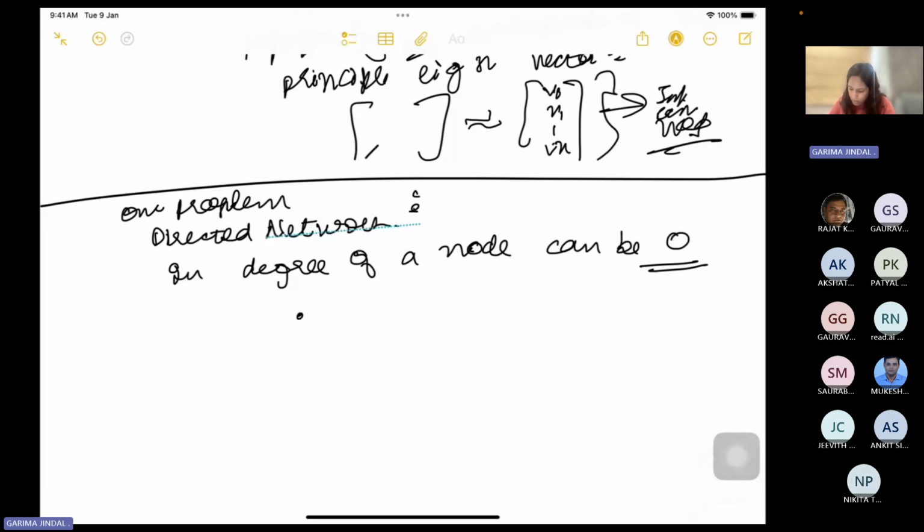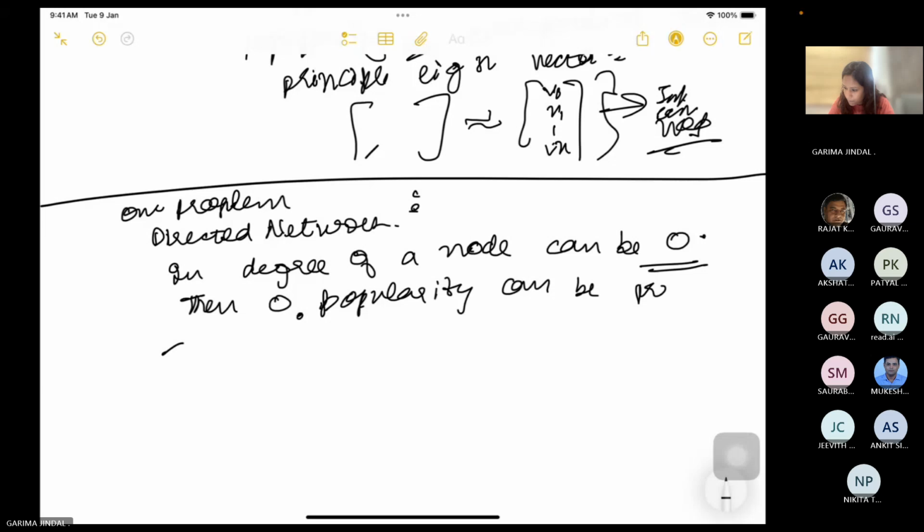If the in degree is 0, then 0 popularity cannot be propagated in the network. This can be tackled by sprinkling minor popularities to each node.